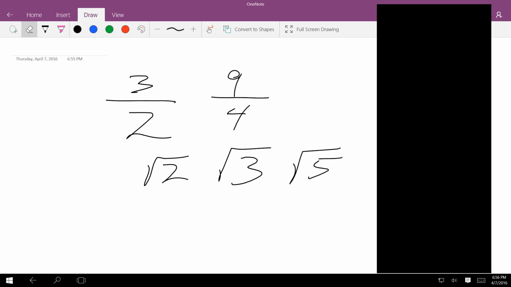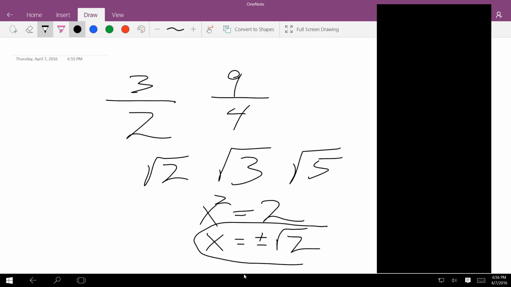And like I said, you can get irrational solutions. Here, let me write, if I told you that x squared is equal to 2, well, take the square root of both sides and you get plus or minus square root of 2. Notice we have two irrational solutions to that problem.